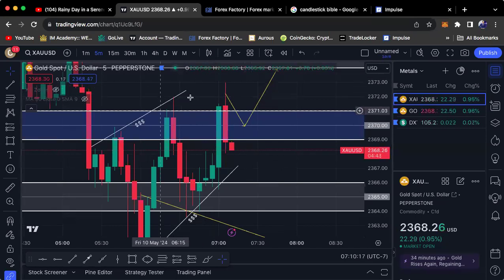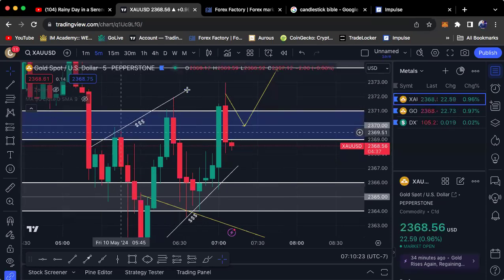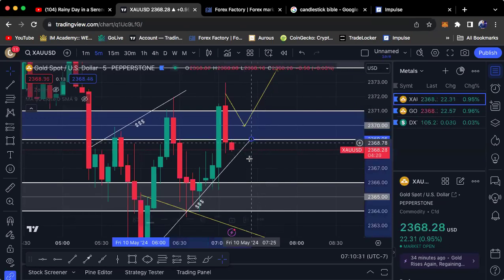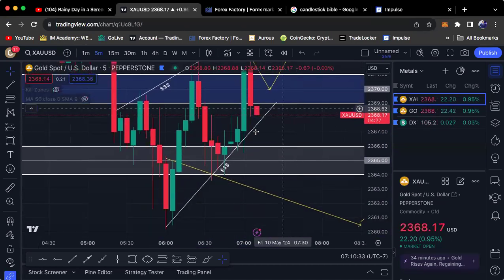Yeah, this is just a liquidity sweep. See how price liquidated these sellers here? Okay. Now price is coming down to liquidate these buyers here.